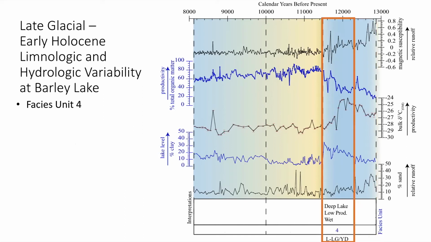Thesis Unit 2 represents the second oldest thesis unit that spans 12,250 to 11,530 calendar years before present. It is associated with low average percent total organic matter values and high average bulk organic carbon isotopes, reflecting low productivity in the limnological environment.